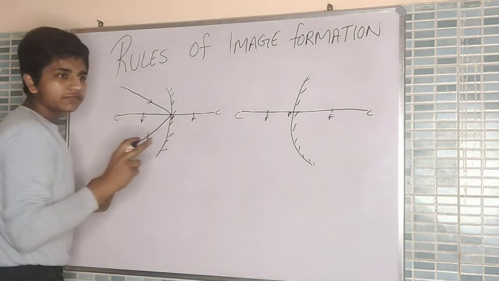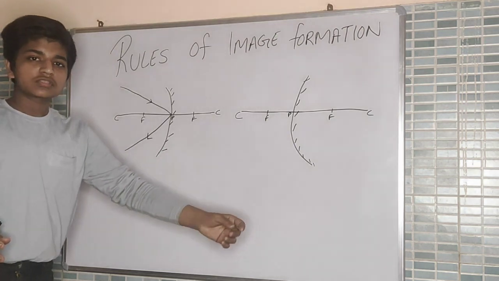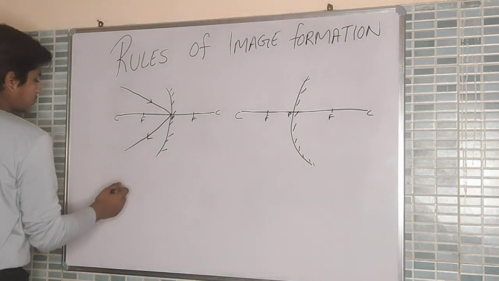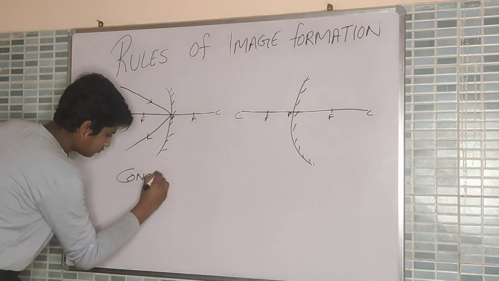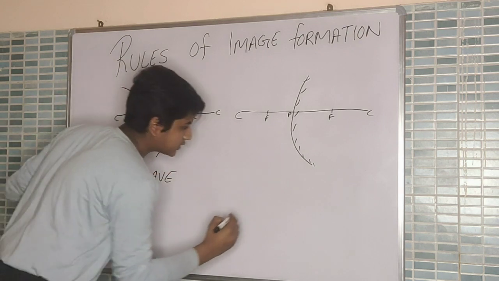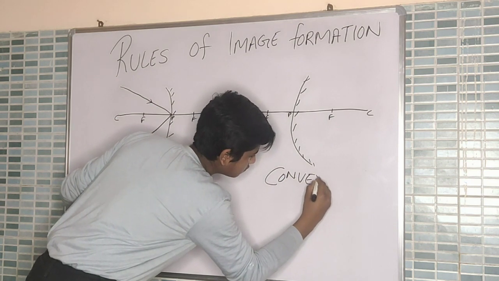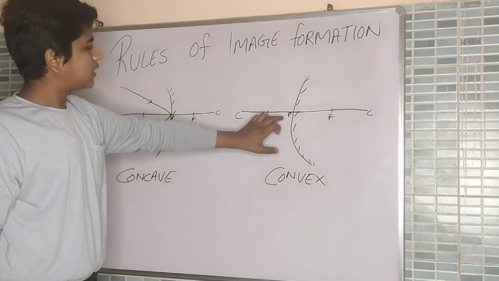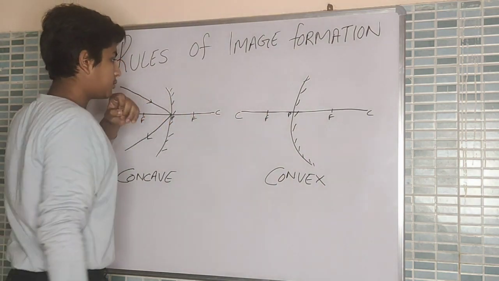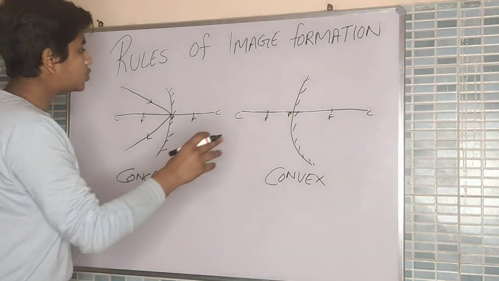And in a convex mirror, our first motive is to make a ray pass through the pole. This is a concave mirror, and this is a convex mirror. So how can I make it, because it is a diverging mirror, remember.